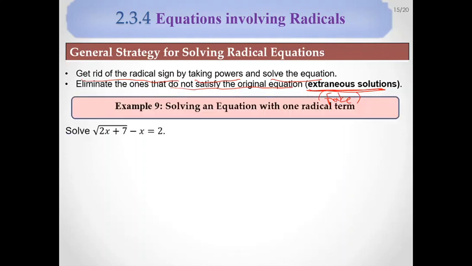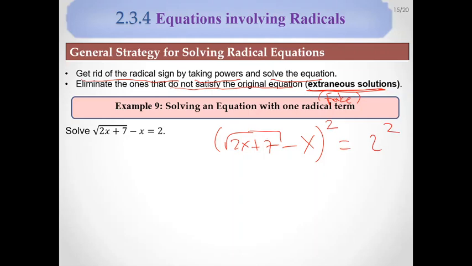Now let's look at this problem here. We don't want this square root, so this radical sign we want to get rid of. So what can we do? We take the square. So don't do this one. Some students will try to do it this way.